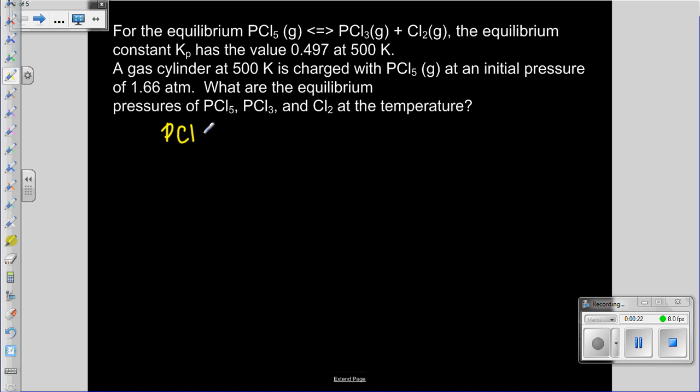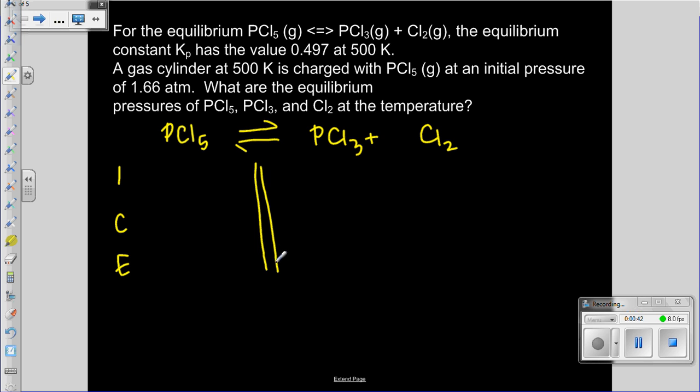PCl5 in equilibrium with PCl3 and Cl2. And then what we're going to do next is set up our initial change equilibrium chart. We're going to draw a fence under the arrow.